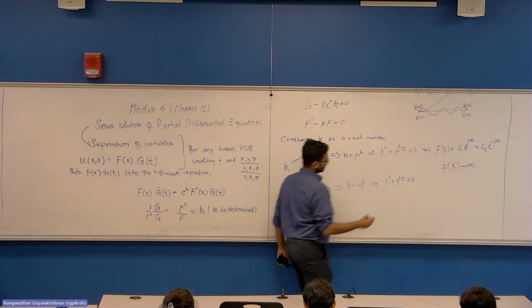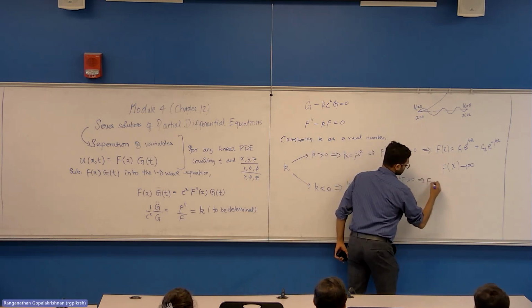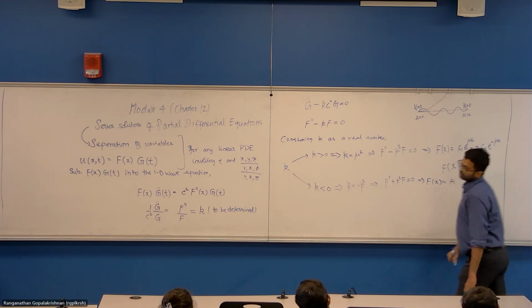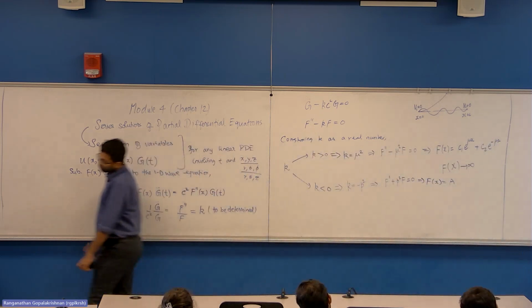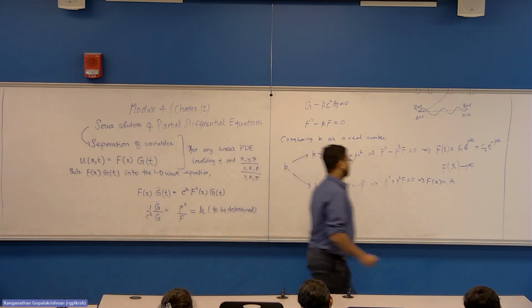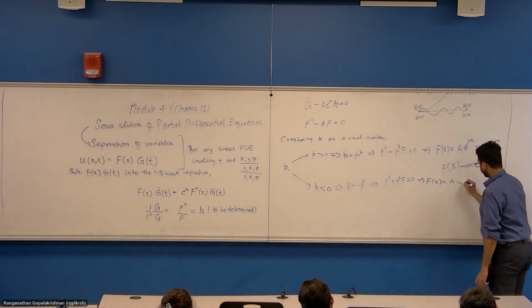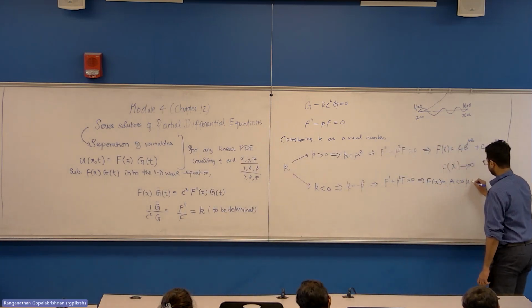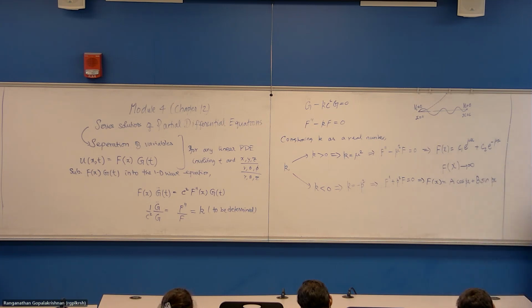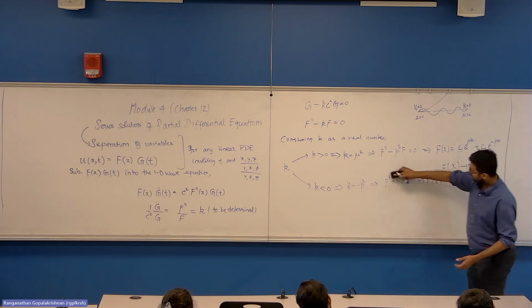This would mean f of x is equal to a cos px plus b sin px. I just want to use the same notation as the book. We also saw this in the first unit or second unit.